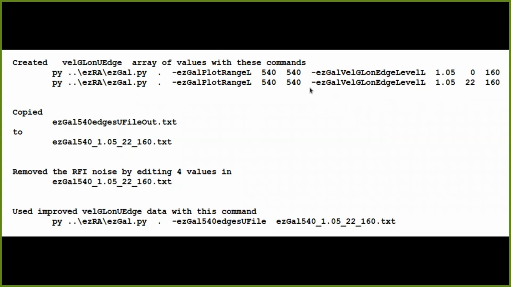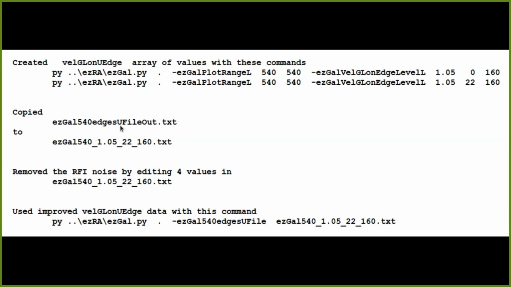I only cared in this case for plot 540, so instead of plotting all the plots, I requested of ezGal a plot range from 540 to 540, just to make it faster. Every time ezGal ran, it created a file for plot 540 called ezGal 540 edges. There was an upper one and there was a lower one.